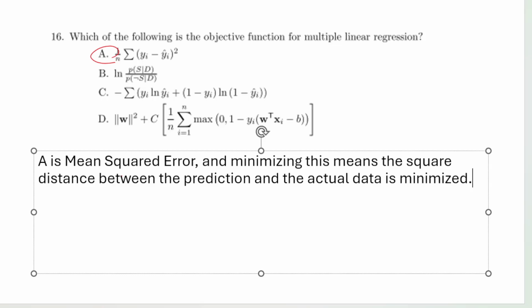If you recall, we were able to get the formula for multiple linear regression because we could differentiate the mean squared error function. We can't do that with absolute value functions. So that's why mean squared error is used.